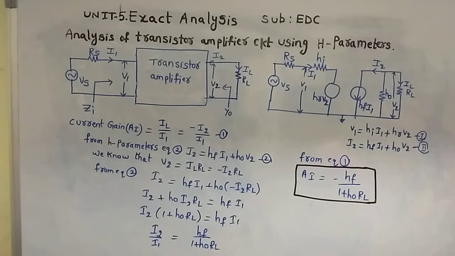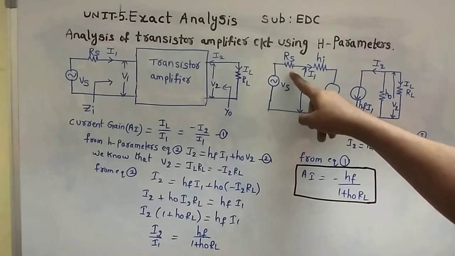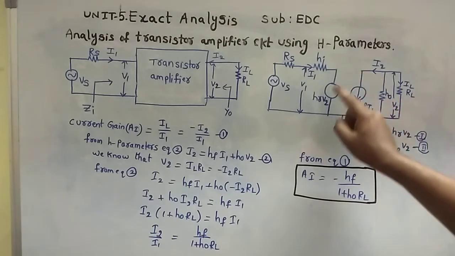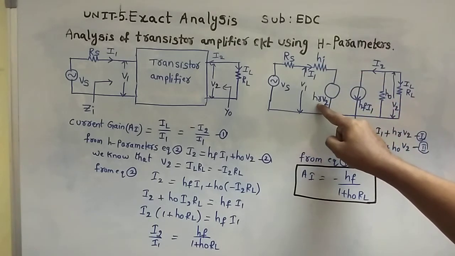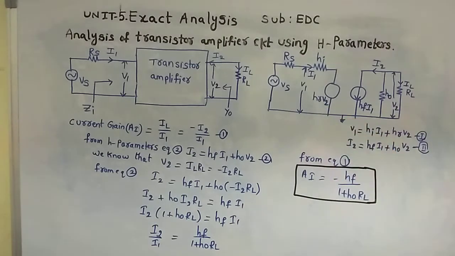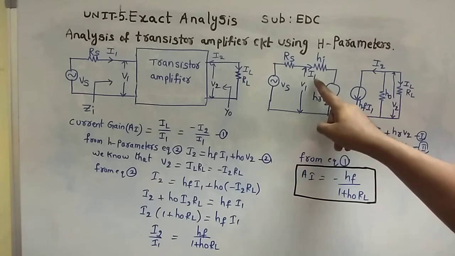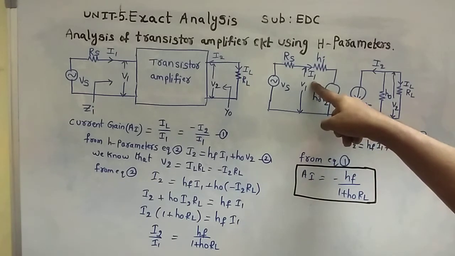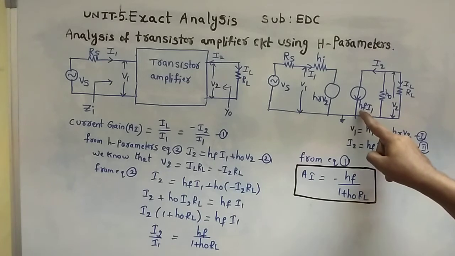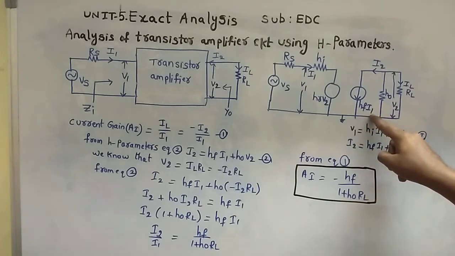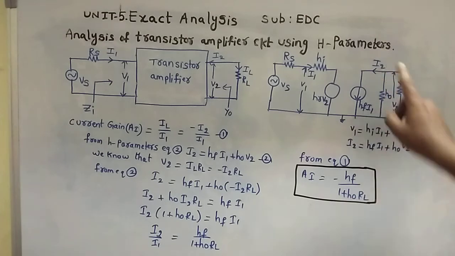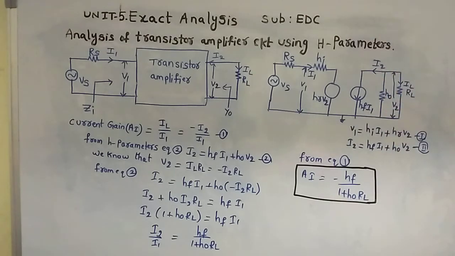For example, he may ask in the examination, find the current gain for the common emitter configuration using hybrid model. You may take Vs, Rs; in place of Hi, Hie; in place of HR, HRE; and in place of V2, for common emitter configuration, the output voltage is VCE. The input current is IB, in place of HF we can take HFE, and the output current is IC, the collector terminal current.